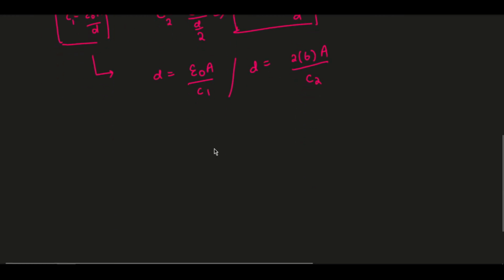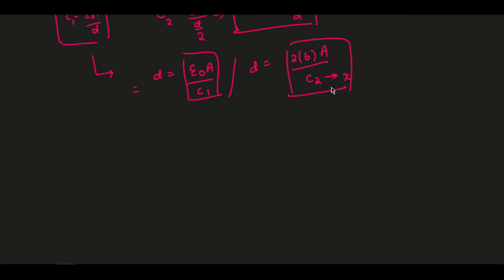Now here we don't know C2, we assumed it to be X. So now this would further become, and since these both are D, we'll essentially have to equate this to this because I've equated them in terms of D. So we would essentially get epsilon naught A by C1 equals 12A by C2, right?